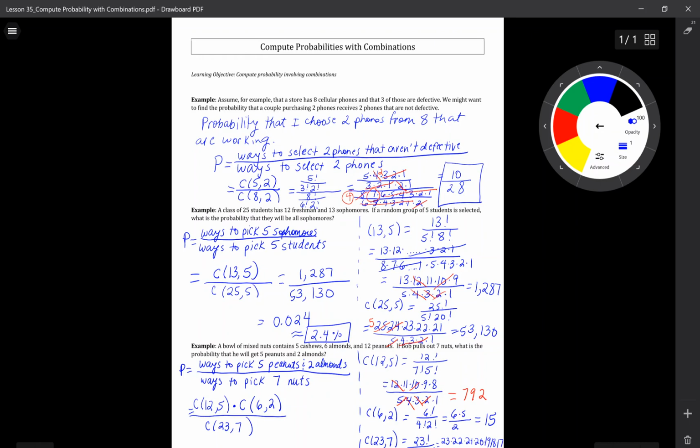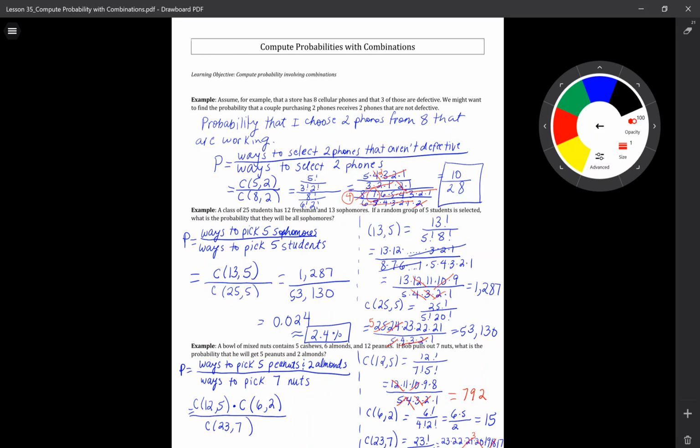Okay, let's see what I can cancel. If I multiply 6 times 3, that's 18. Let's see, what else? 5, I'll do 5 times 4, and that's equal to 20. And then if I cancel out this 7 with this 21, I'll be left with a 3 on top.